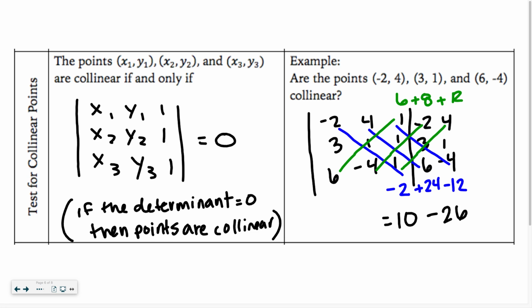So 10 minus 26 is -16. That's not equal to 0. These are not collinear. The only way I can say collinear is if they're on the same line, if their determinant is 0.